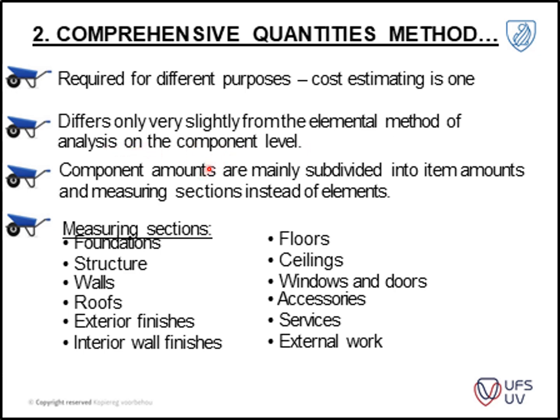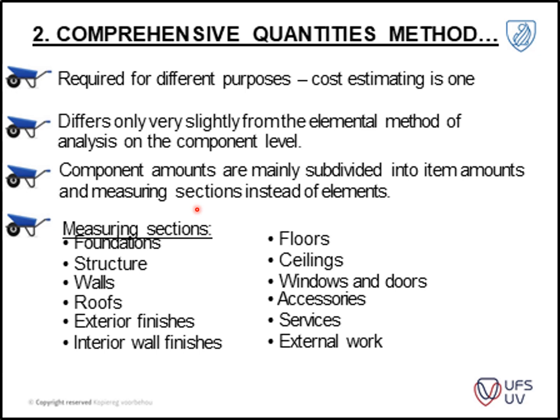Okay, the thing is, you're still grouping your components in accordance with the guideline as per the dim sheets shown in the previous few slides. The component amounts are mainly subdivided into items and measurements. So what you're basically doing is you've got your groupings of your quantities as per your elemental method up to component level, but then underneath each one of those you take what contributes to that component and you break it down further.